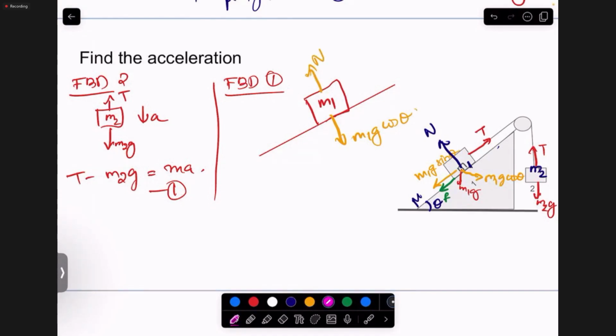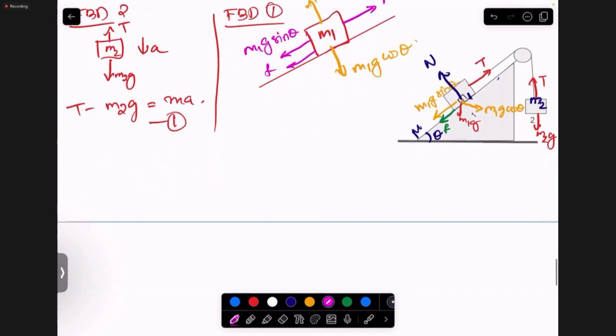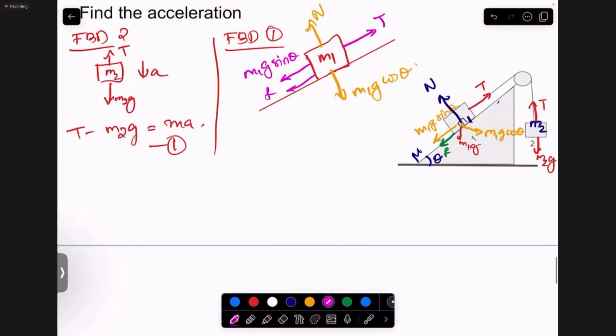And then you have this M1G sin theta, and F is acting like this, and T is acting upwards. Now, when you solve this, F equal to mu times N, equal to mu M1G cos theta.